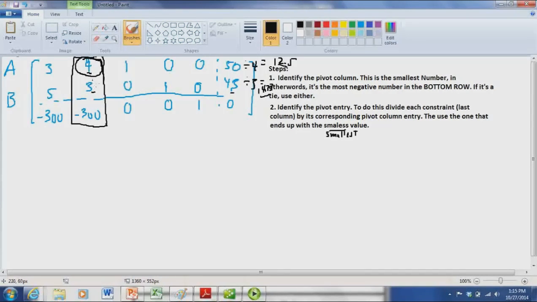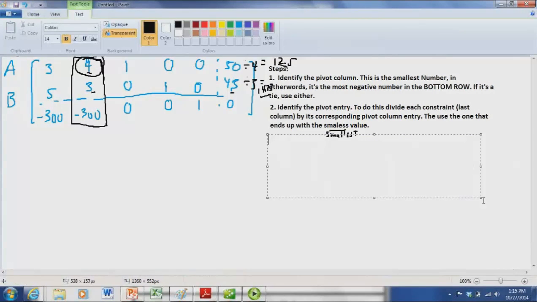So once the pivot entry is found, divide the entire pivot row, not column, by this factor.